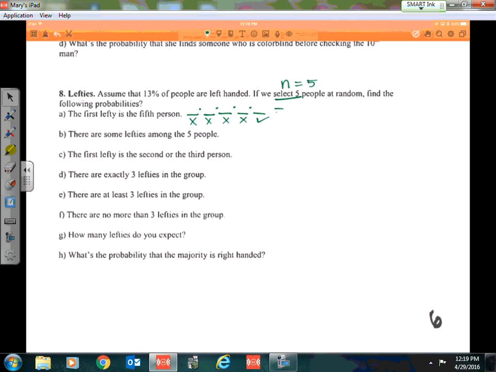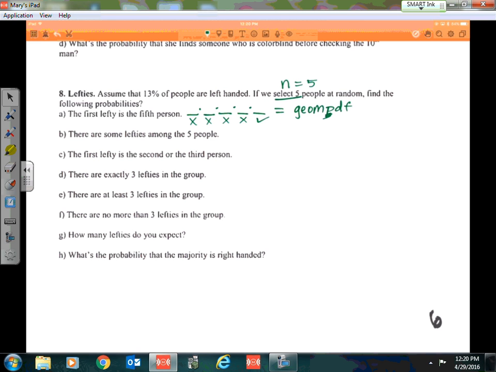Now, is this a geometric or a binomial type of computation? You are going until you get a success. That's geometric. So if you were to use your calculator, which you wouldn't have to, you could just do the 0.87s times the 0.13. You would do geometric PDF because I want that success in a particular place.